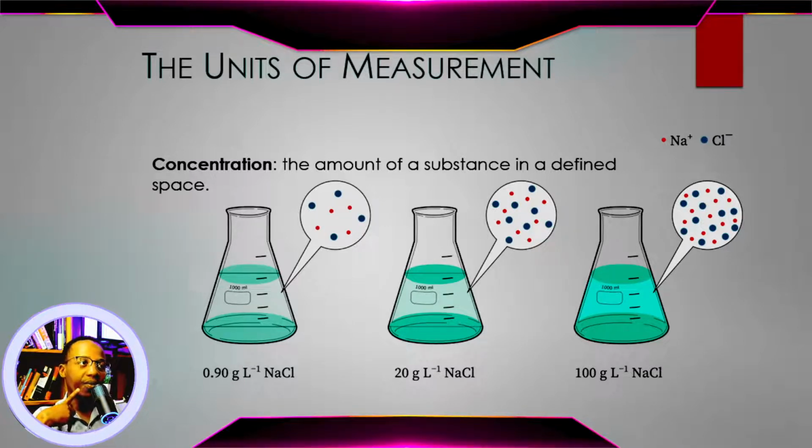So that's the concentration. If you have the same amount of water, and then you add different amounts of salt, they have different concentrations. So concentration is the amount of substance in a certain volume, right? We use concentration a lot, and we're going to have a chapter where we talk about concentration.